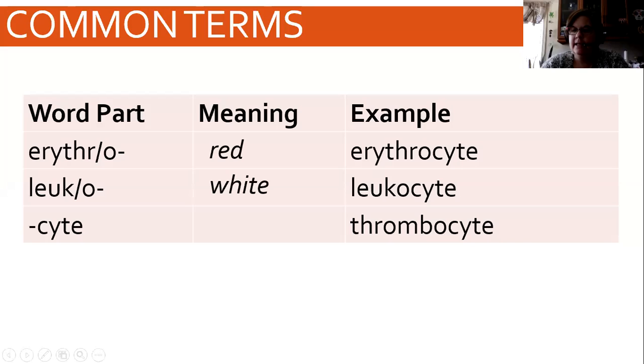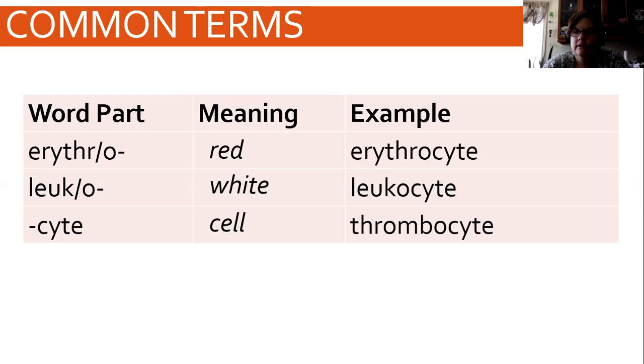Okay, and then cyte, we learned about this way back in our very first module, HSS 1010. Cyte means cell. So thrombocyte, we talked about thrombo in the blood vessel booklet. What does thrombo mean? Who can remember that? Someone's got to remember that.